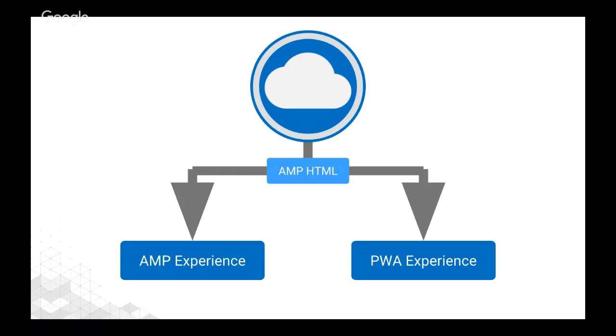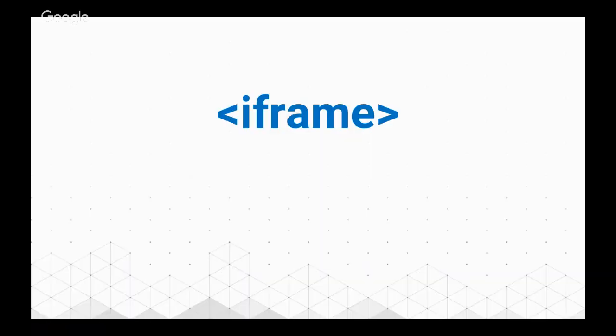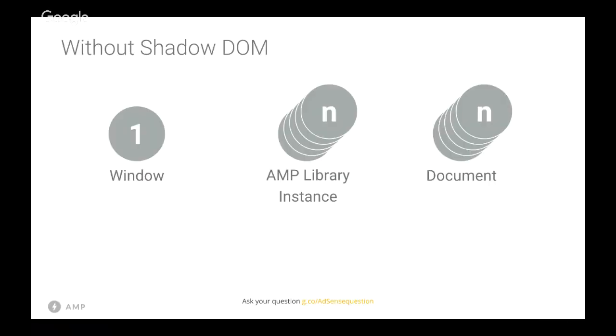But what's possible with AMP is you can actually use only the one format for both your AMP experience and your PWA experience. One way of doing it might be an iframe, but actually iframes are a bit too slow. That's right, yeah. Why are they slow?